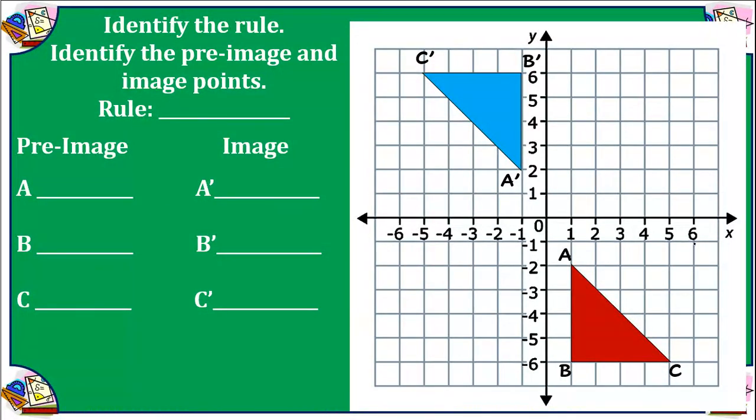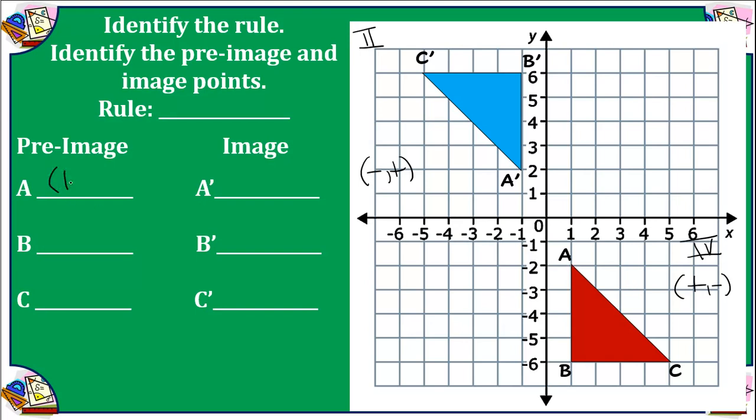Here we're going to start out in quadrant 4 and go to quadrant 2. So we have positive, negative values, and we're going to end with negative, positive. So we can just see that our coordinates are going to be negated and they're not going to be switched.